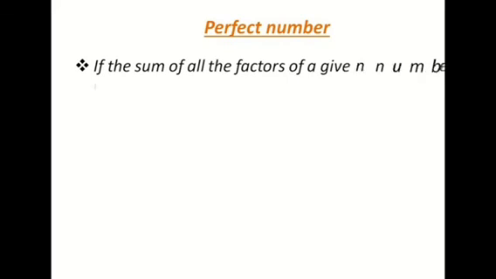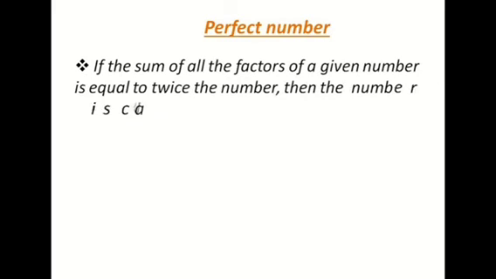So from this activity, you got the idea of a perfect number. So how do we define a perfect number? You can note it down. If the sum of all the factors of a given number is equal to twice the number, then the number is called a perfect number. Can I repeat one more time?